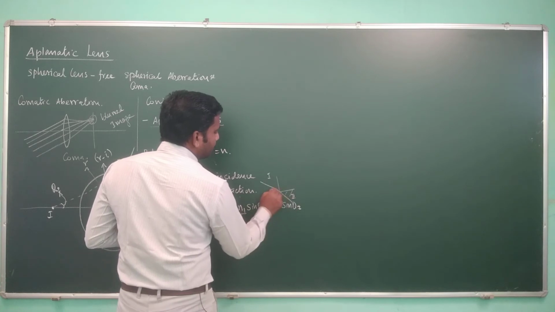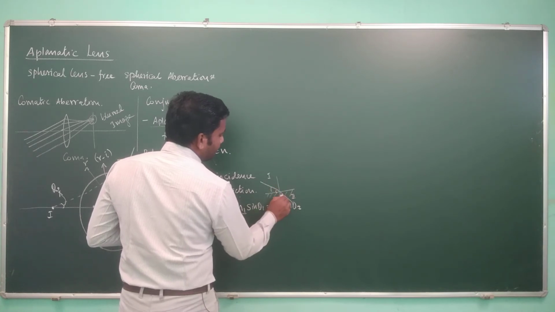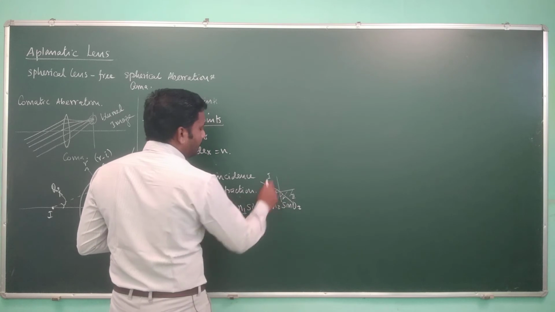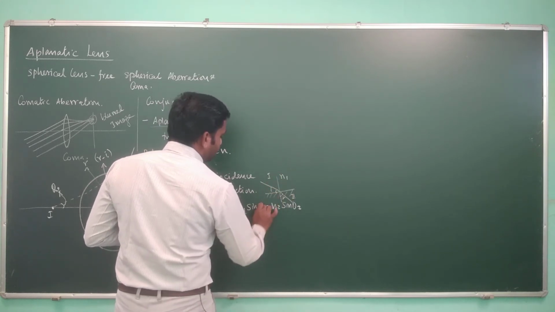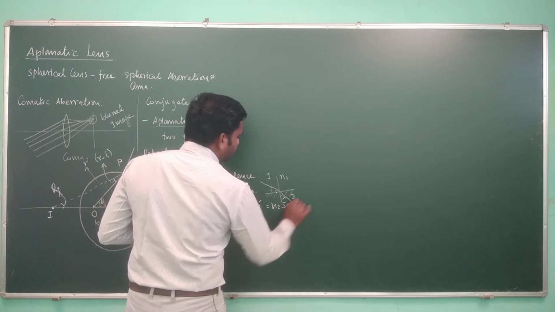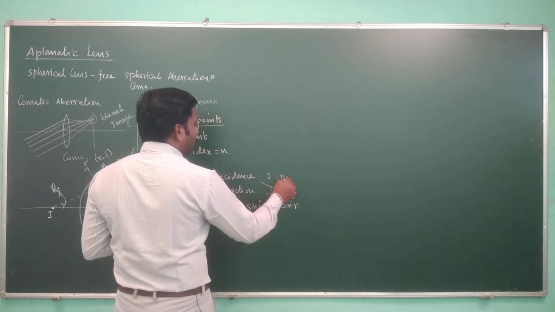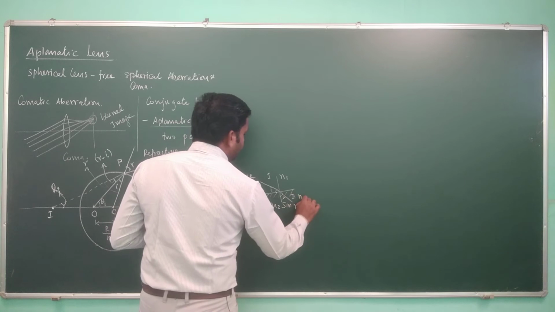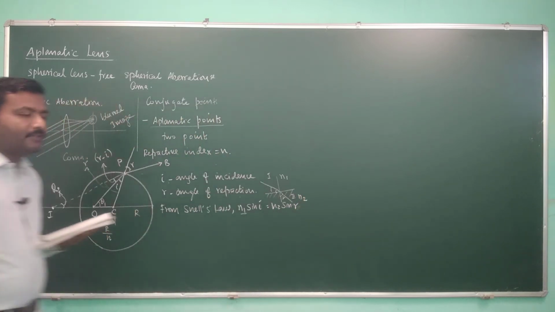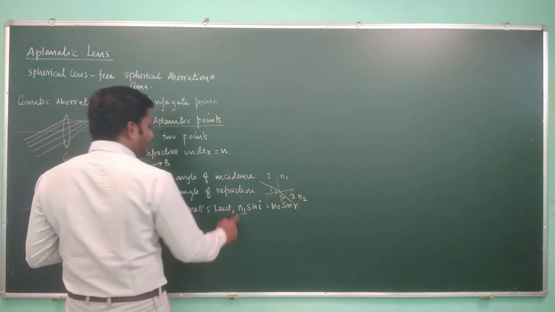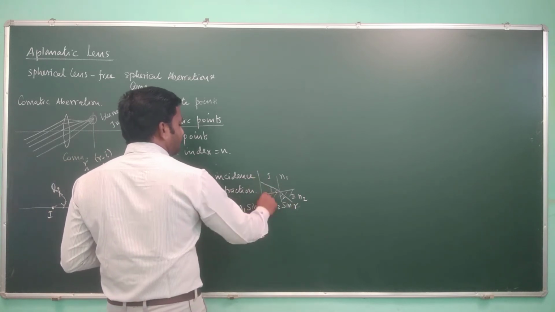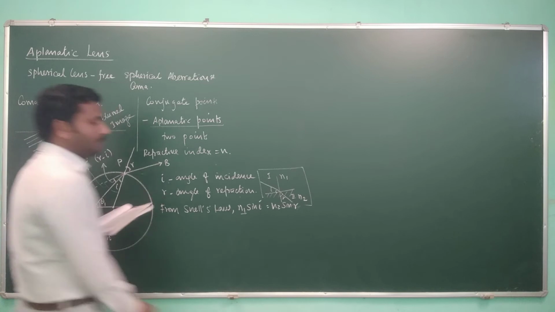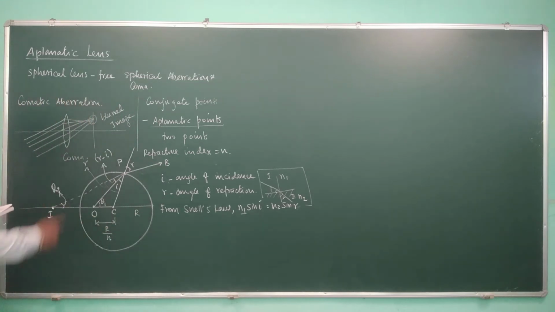This is the angle of incidence and this is the angle of refraction. So this is I and this is R. If medium 1 has refractive index n1 and medium 2 has refractive index n2, you can write Snell's law as n1 sin I equal to n2 sin R for this situation.